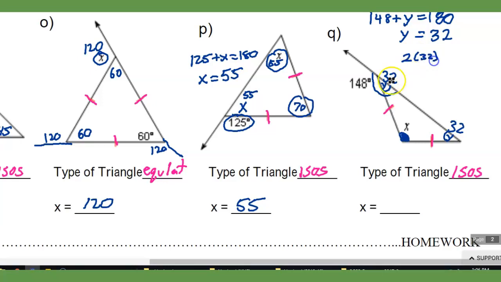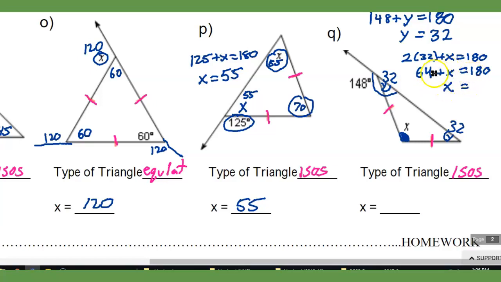So same as the front, 2 times the base angles plus the vertex is 180. And we're expecting a pretty large number, right? You know, it's definitely bigger than 90 degrees just by looking at the diagram.